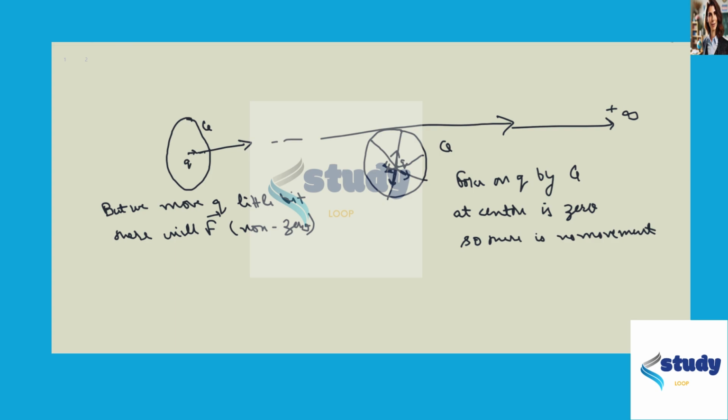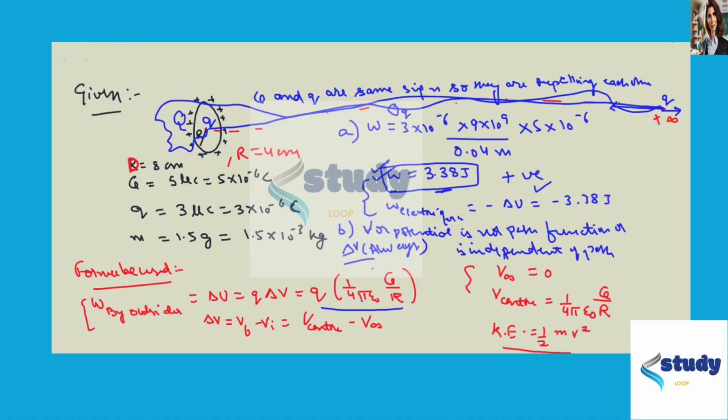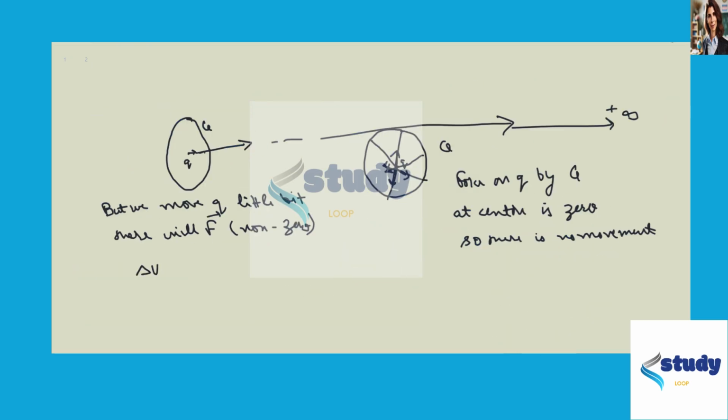So we have this formula here. We can find out the velocity using this work done. Whatever potential energy it has, delta U, will convert into kinetic energy, or saying that, the gain in kinetic energy. So this 3.38 joule equals half mass into v squared.